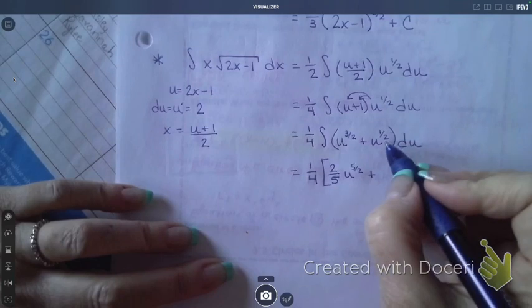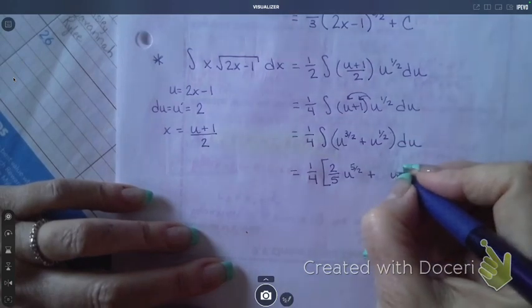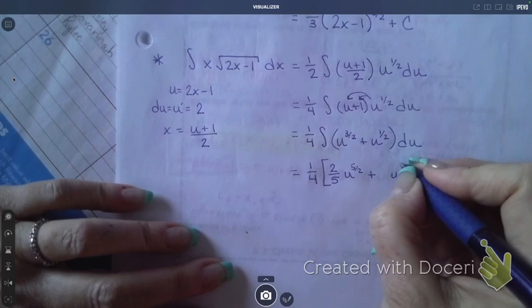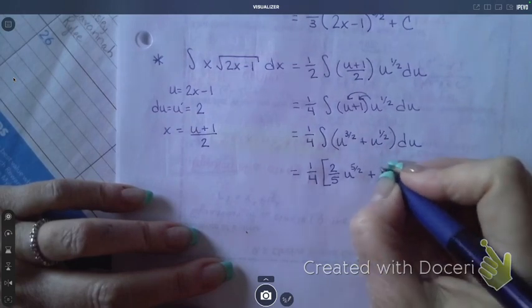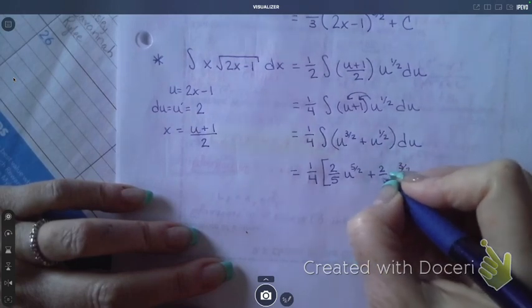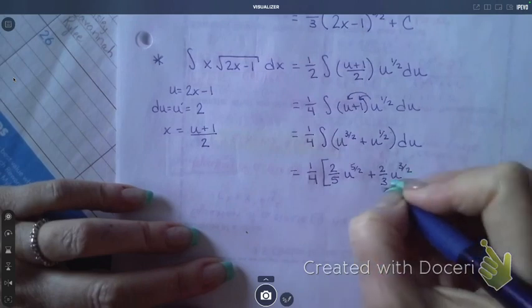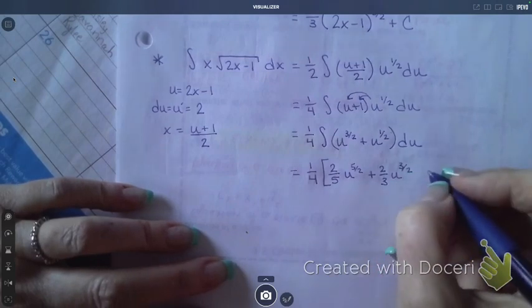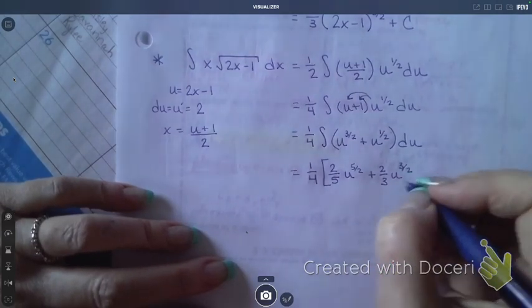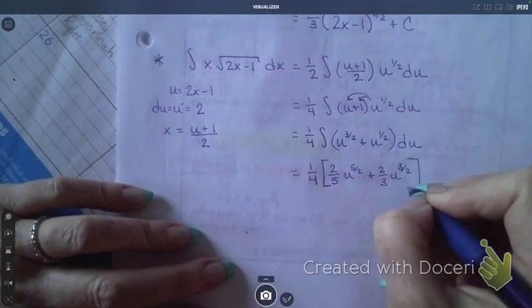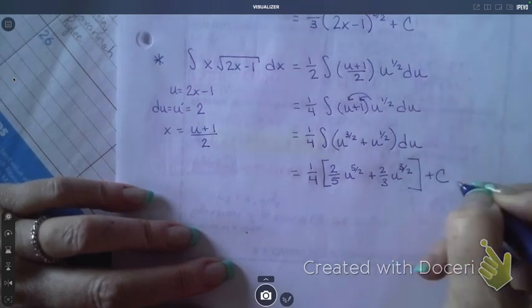And then add 1 to 1/2, which will give you 3/2. And then multiply by the reciprocal. Do you see how I write the exponent first and then come back? Because if I can see the exponent, is it easier to reciprocate? Yes. Plus c.